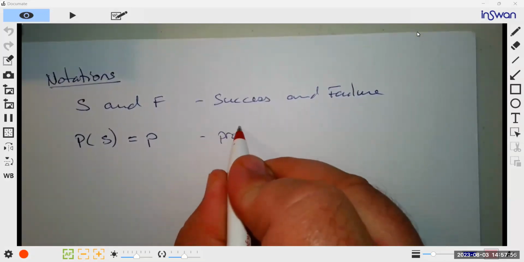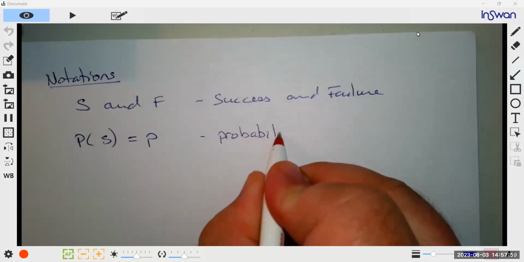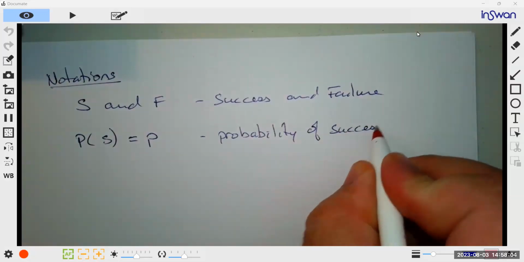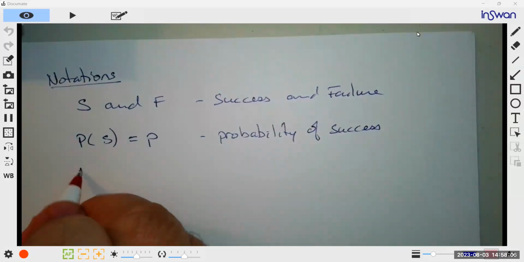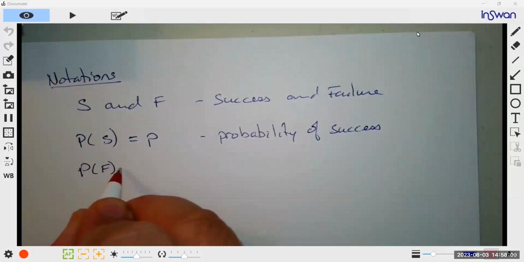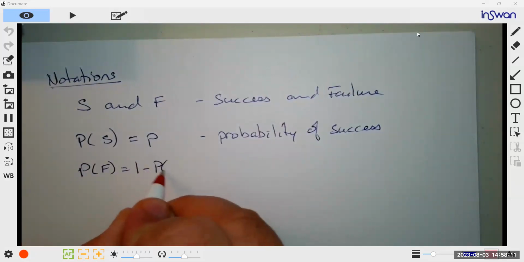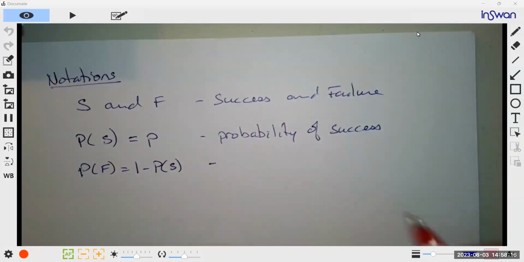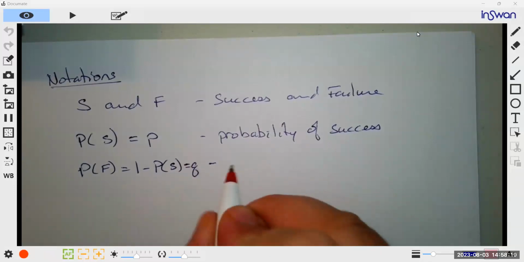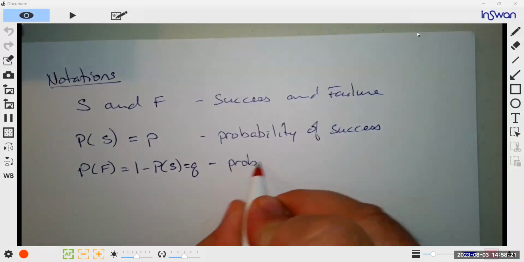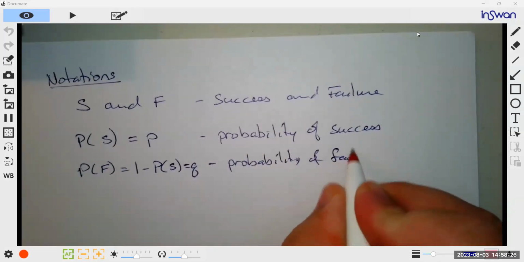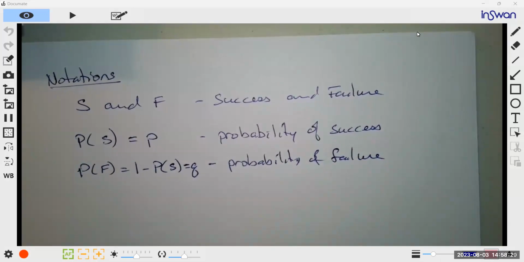The probability of success is P. The probability of failure has to be 1 minus the probability of success. This is equal to Q. So P is success, Q is failure.